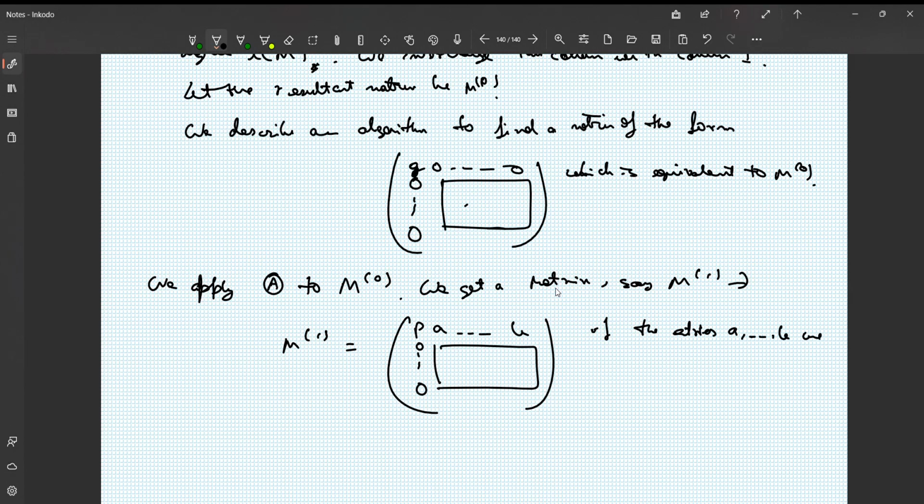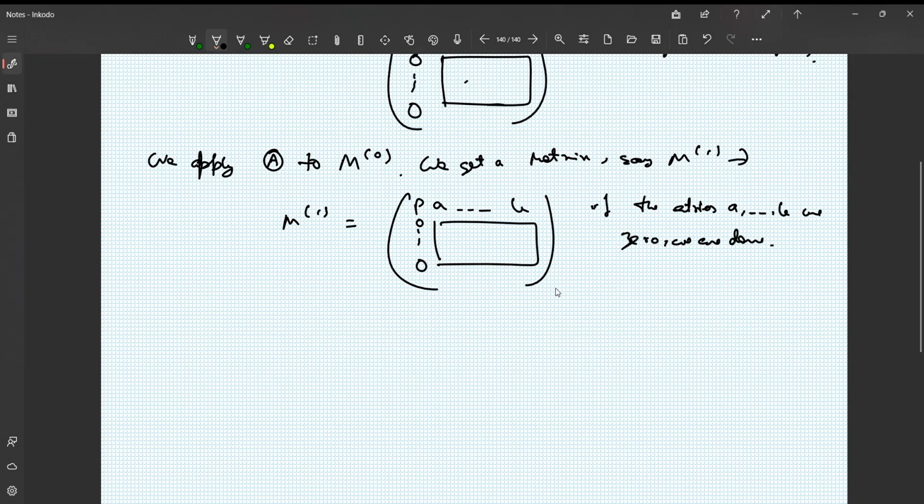Okay. Now, if all the entries in the first row except p, that is all the elements from a to b, are 0, then we are done, right? Then we have already got the form which we wanted. We have not yet discussed the divisibility, but we have got the structure at least.